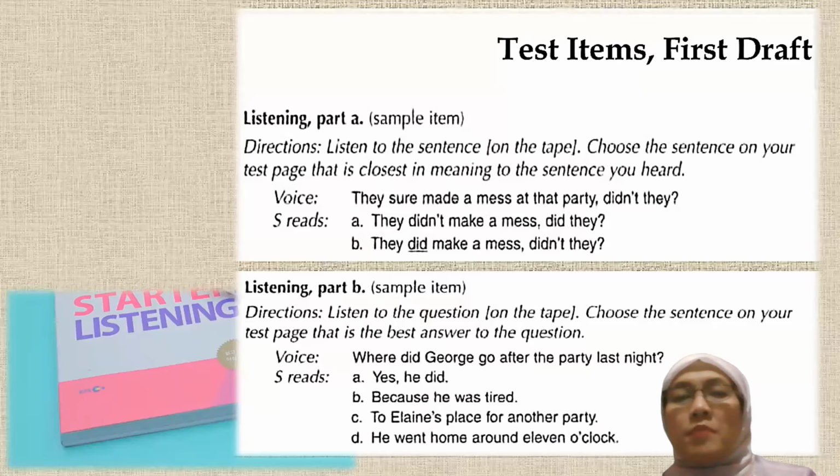Okay, the next one is about test items. Oh, okay, wait. We are going to talk about multiple choice. Oh no. Still about devising test. Now, let us see the test items.